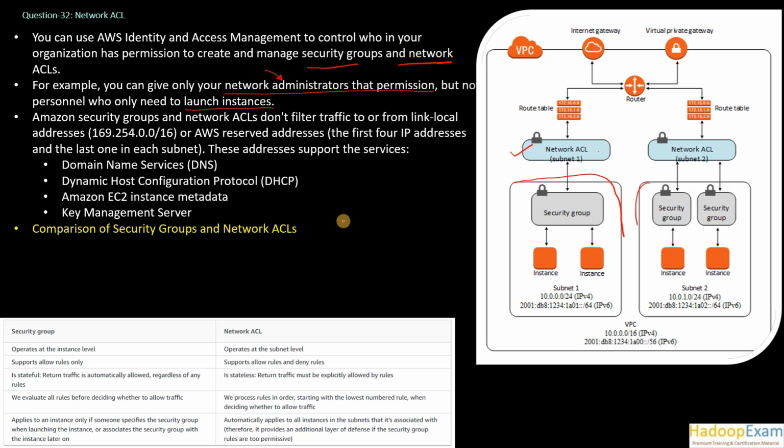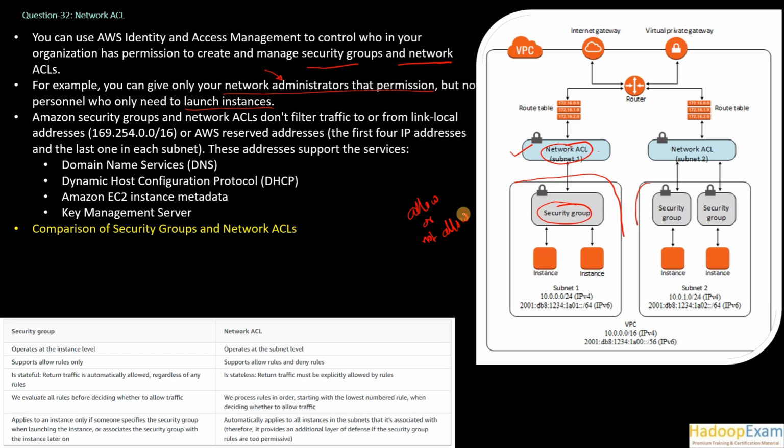Amazon security groups and network ACLs don't filter traffic to or from link-local addresses or AWS reserved addresses, the first 4 IP addresses and the last one. What does it mean? Basically, the purpose of security groups and network ACLs is only to allow traffic or not allow traffic.